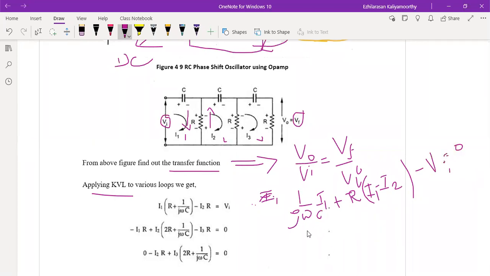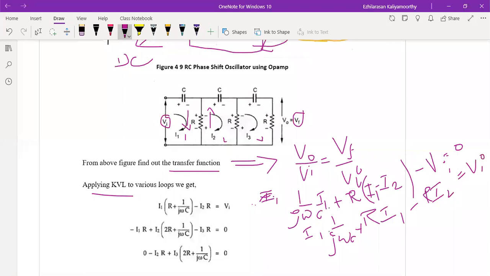Next, simplify this, I may get I1 times 1 by j omega C plus R I1 minus R I2 is equal to Vi.